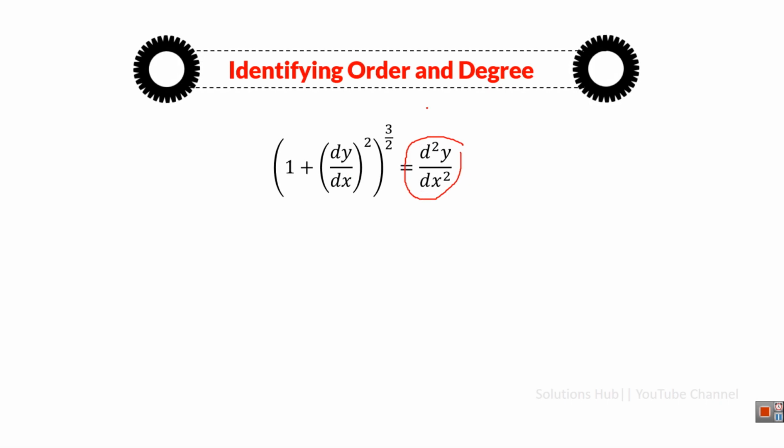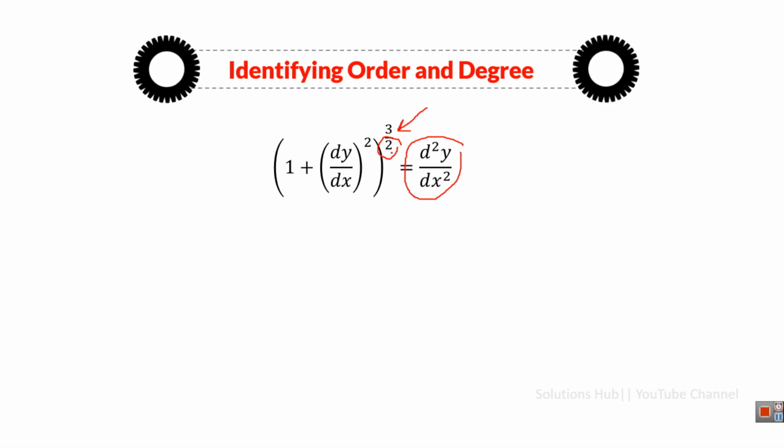You must remember, whenever some fractional power appears in a differential equation, you have to eliminate that fractional part before identifying the degree. So for the degree of a differential equation you must eliminate the fractional part or radical sign appearing in it.